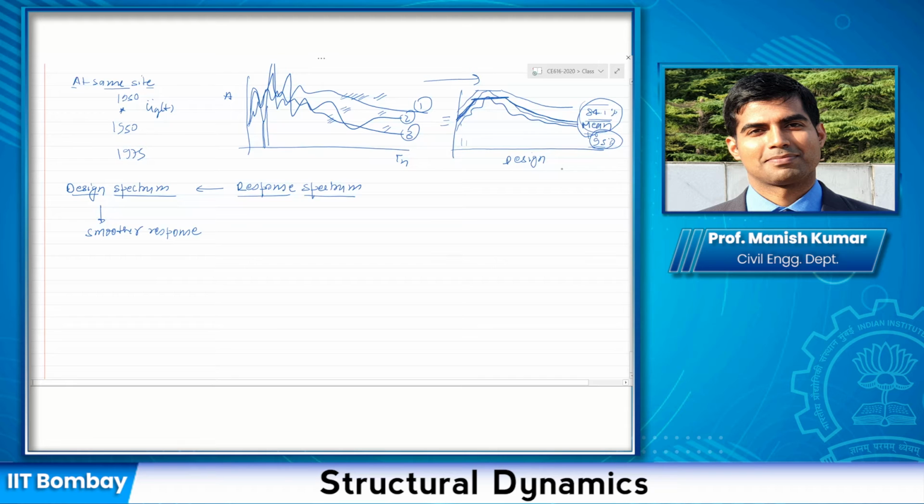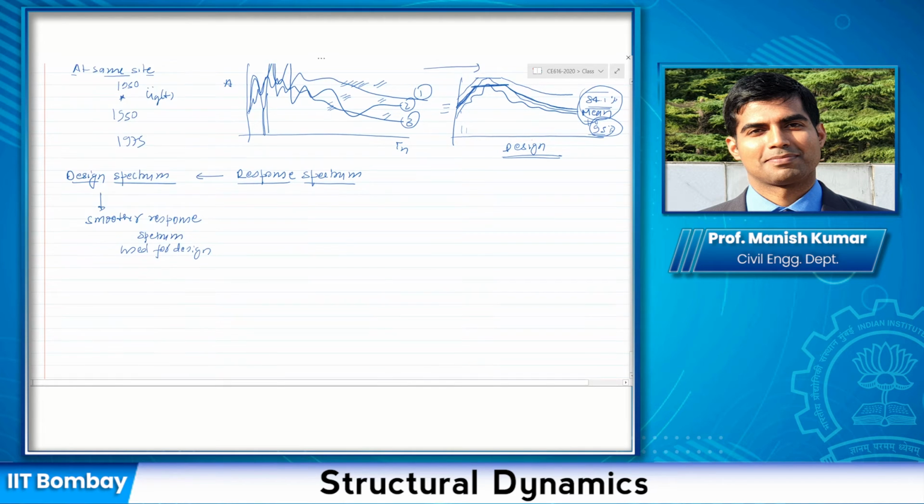So this is not your headache, although procedures are available that can be followed to obtain the design spectrum. But typically a design spectrum is provided in the code. For example, in Indian codes, you have IS 1893, which provides you the design spectrum. So it's a smoother response spectrum used for design and not the response spectrum of individual ground motion.